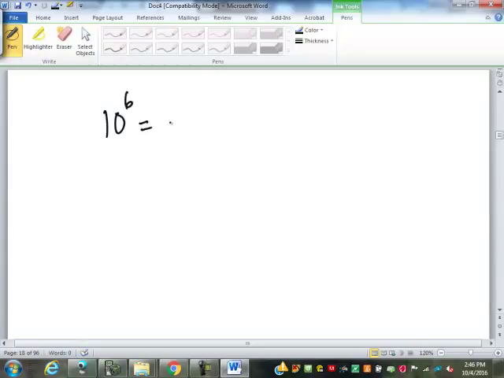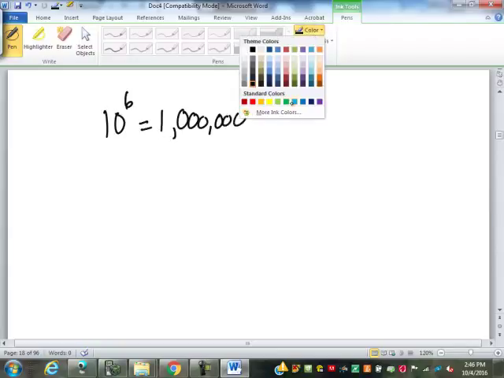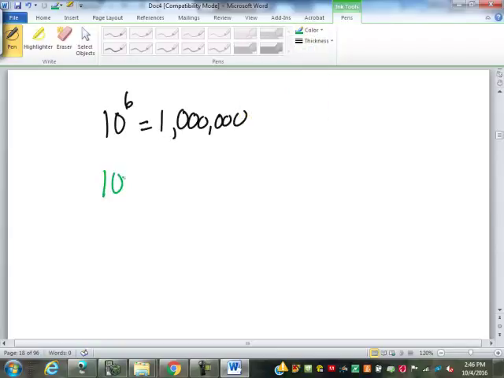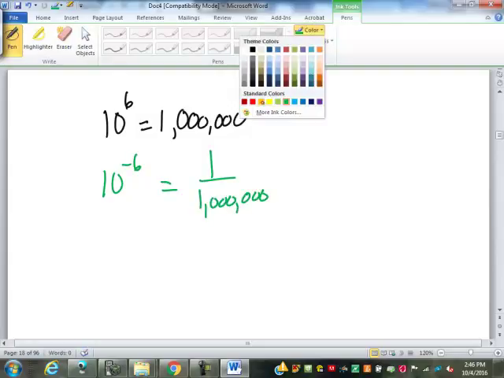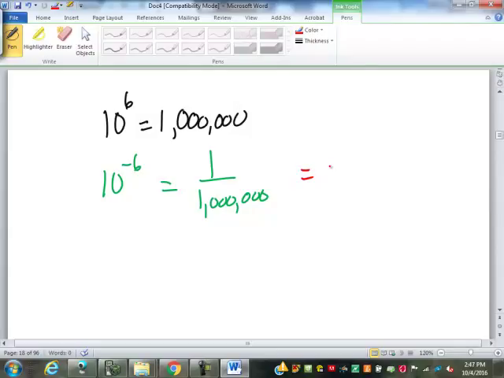So 10 to the 6th power is going to be how many zeros? 6 zeros with the 1 in front of it. 10 to the negative 6th power, we said, was the reciprocal of that. Well, the decimal version of 1 millionth looks like that.